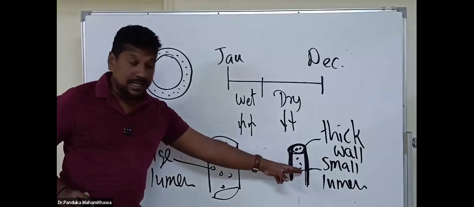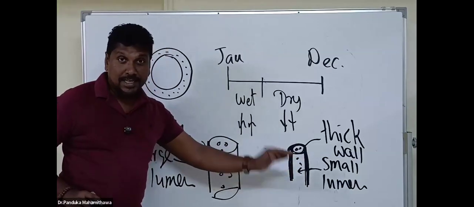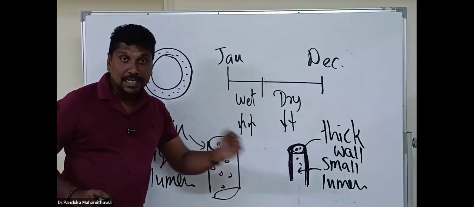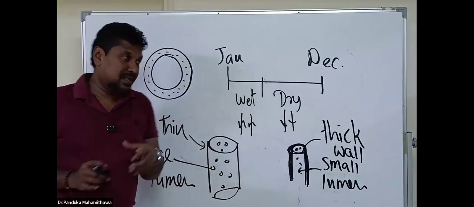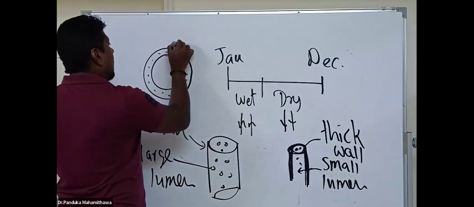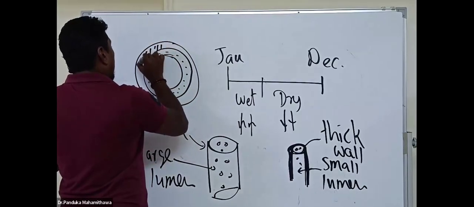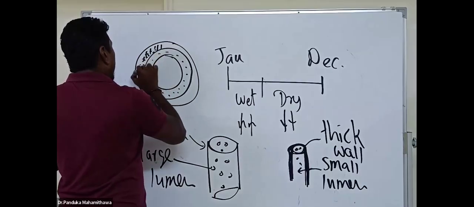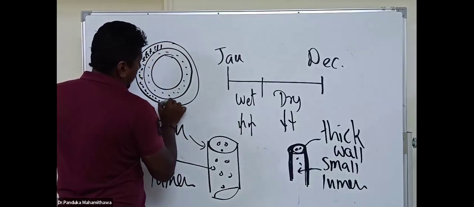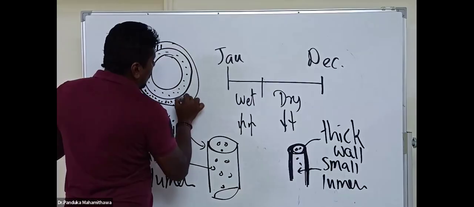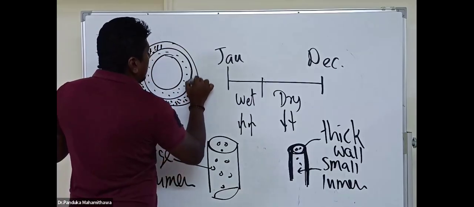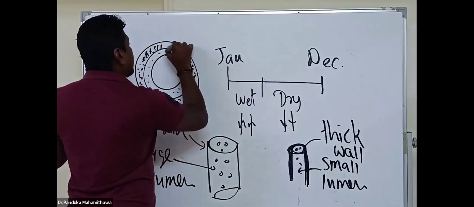But the secondary xylem made in the dry season is darker because of the thick walls. Therefore, you make more darker secondary xylem in the dry season.